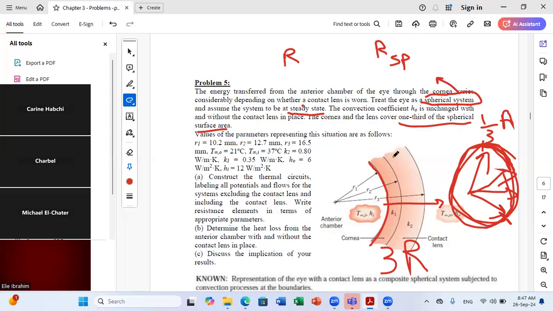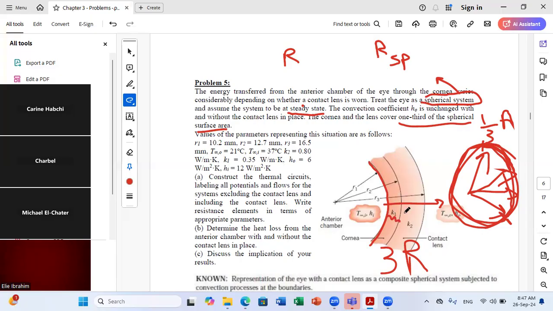And we can calculate this here. In this problem, we can calculate the variation in temperature if we have a contact lens or if we don't have one. If we don't have a contact lens, what will happen is the following. You have first convection from the inner side, conduction in the cornea of the eye, and then convection to the outer side.